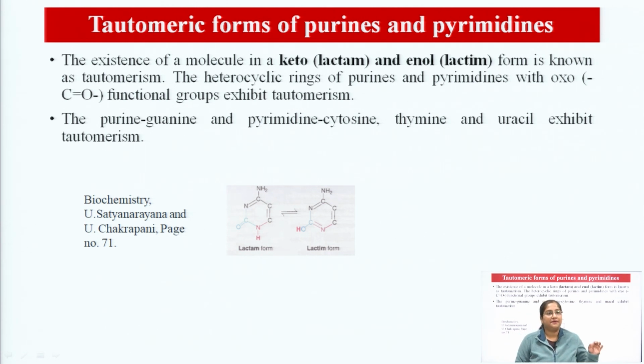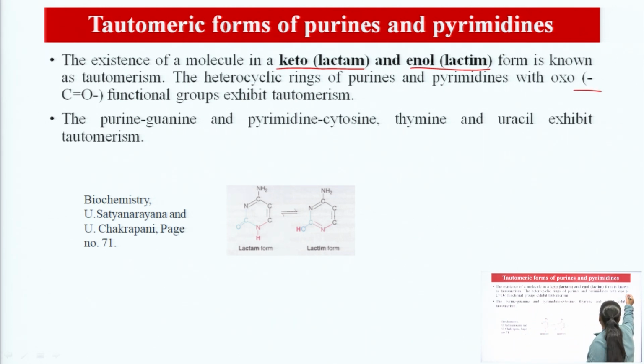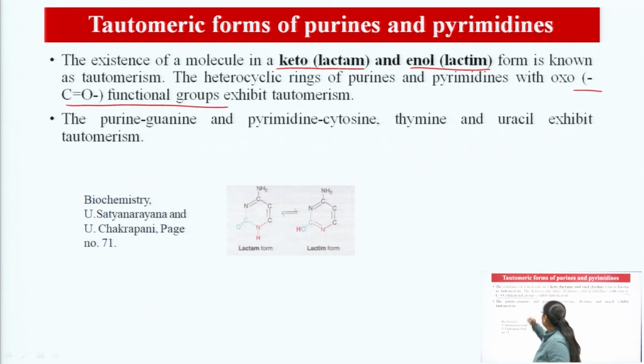Next, tautomerism plays a very important role in purines and pyrimidines. Molecules exist in two forms, keto, which we also call lactam, and enol form, that is lactim. When there is a presence of keto form lactam and enol form lactim, we call it tautomerism. The heterocyclic rings of purines and pyrimidines with oxo, that is C double bond O functional groups, exhibit tautomerism.